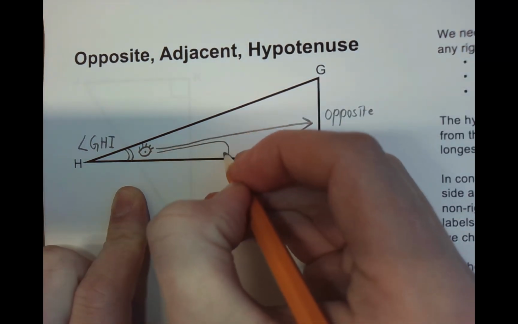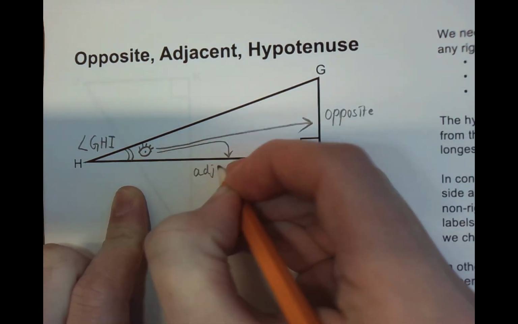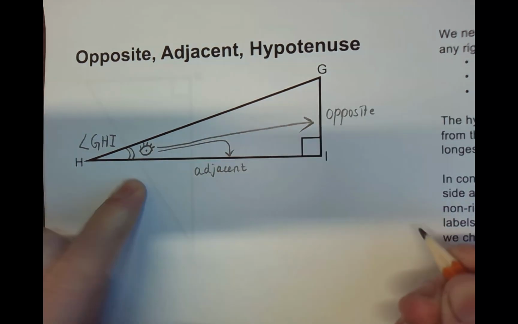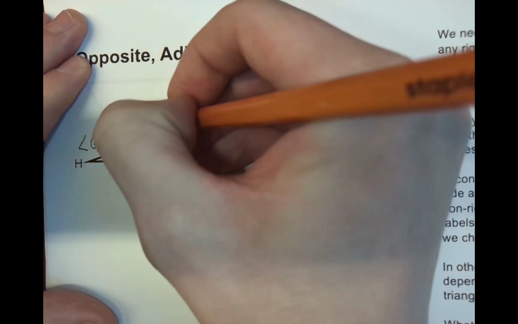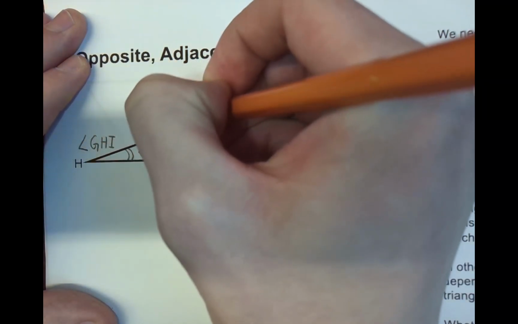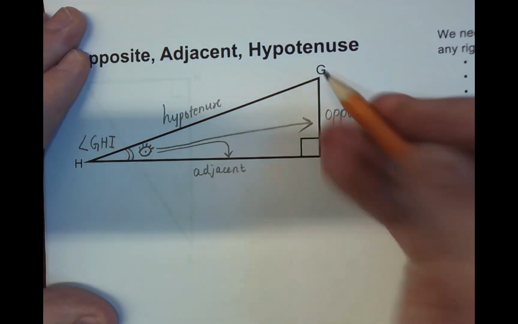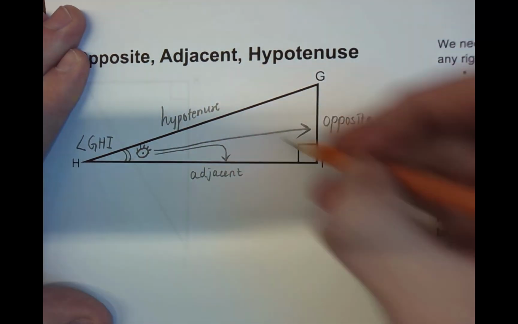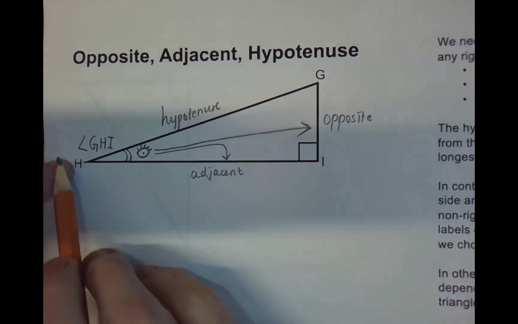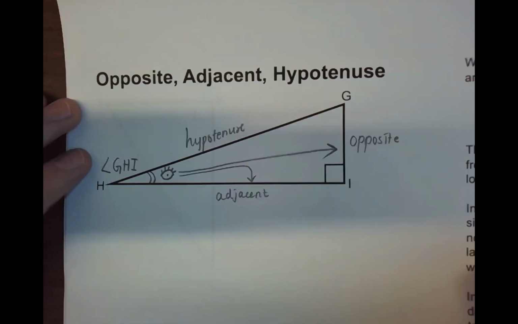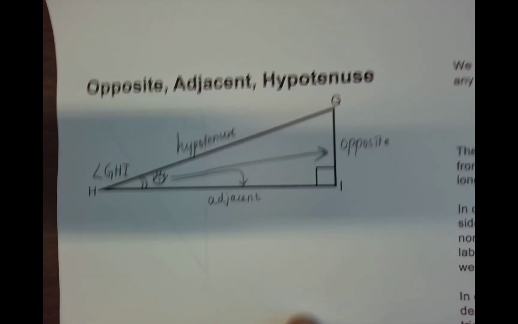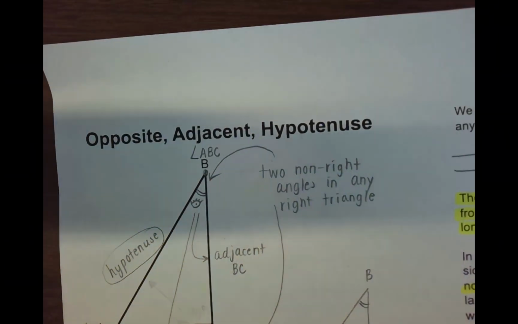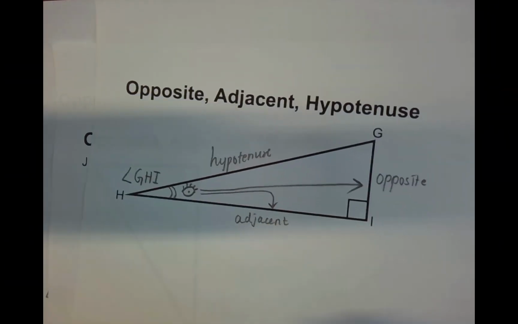This is the side that is adjacent to that little person. This is always the hypotenuse because it's the longest side, it's opposite to the right angle, it's that slanted side that's just kind of recognizable in some way. So I think that kind of does it for that.